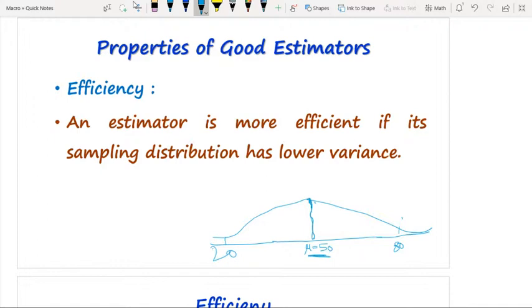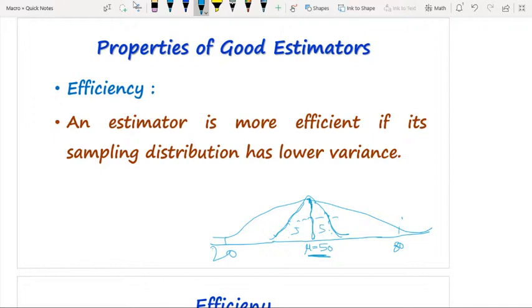However, if we consider another estimator whose sampling distribution is not that flat, for example, like this one, which ranges from 50 minus 5 to 50 plus 5.